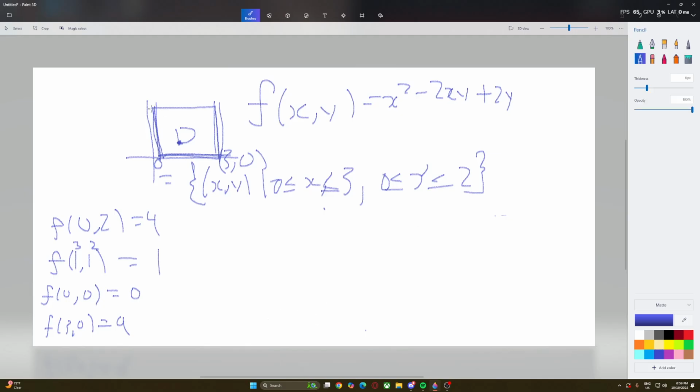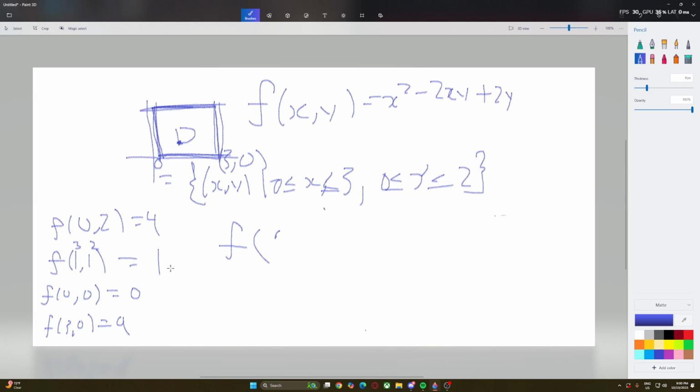Alright, the last line is from here to here. What is this line again?